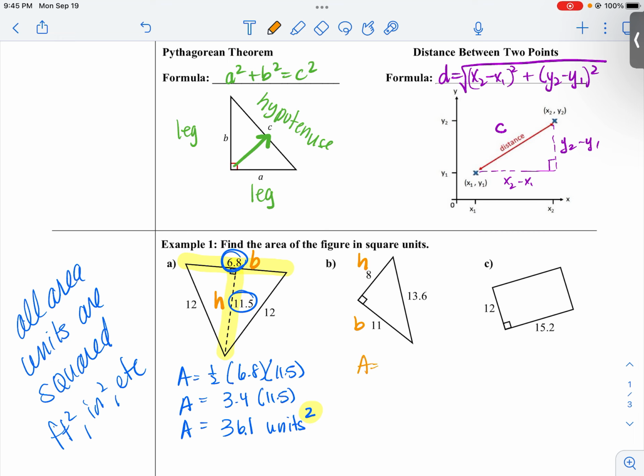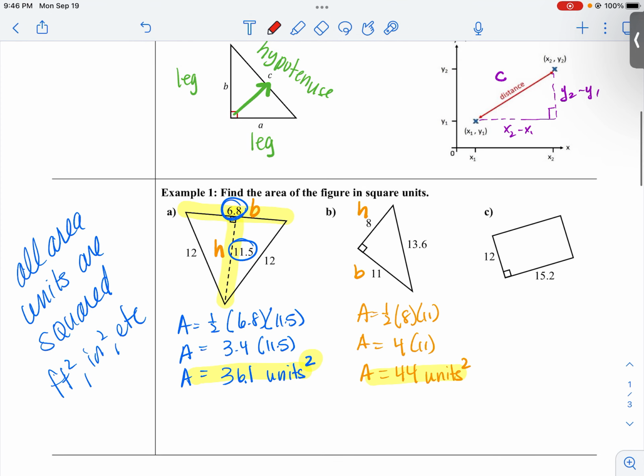So area equals half of 8 times 11. That's 4 times 11. That's 44 units squared. Again, making sure that we put units squared because it is an area measurement. One of the ways that they trip you up on tests is to put the same number, 44, and there would be units squared, and there would also just be units.